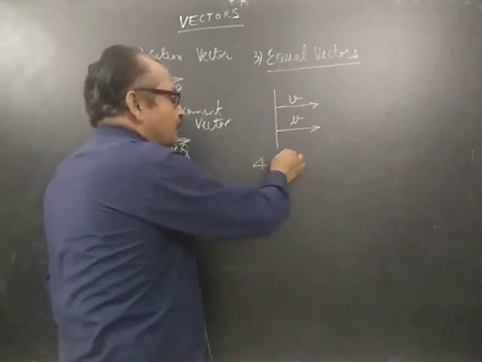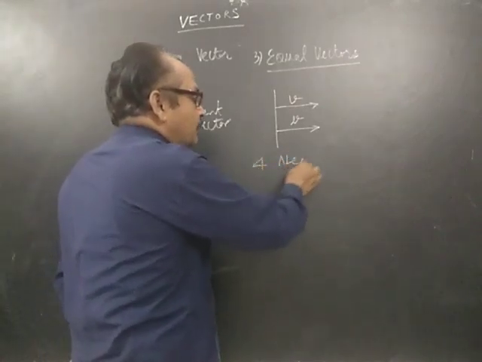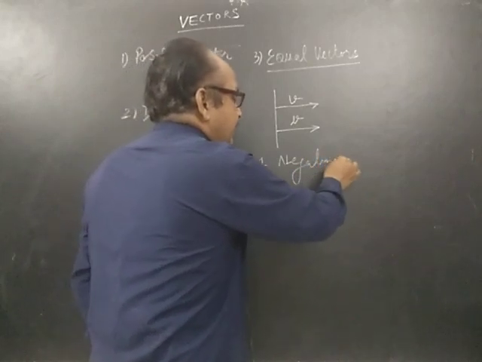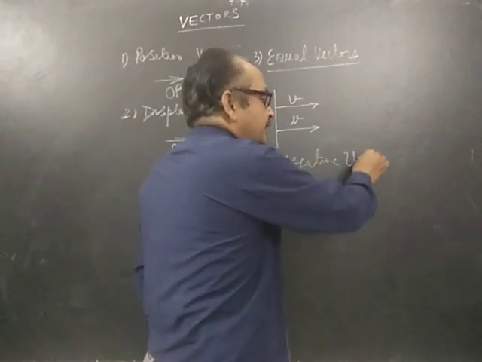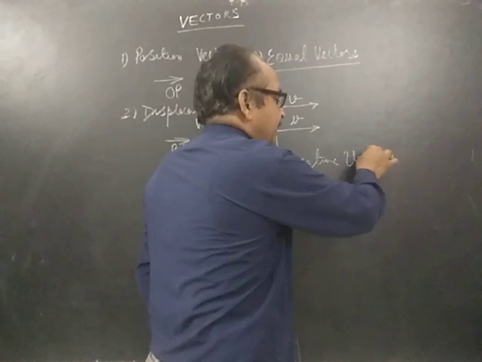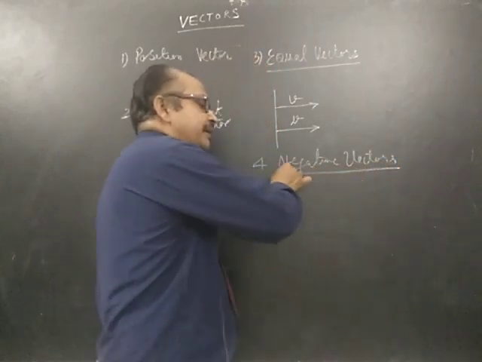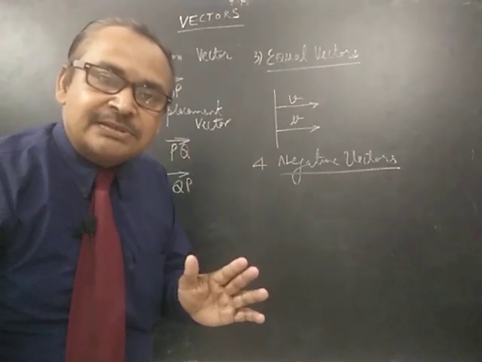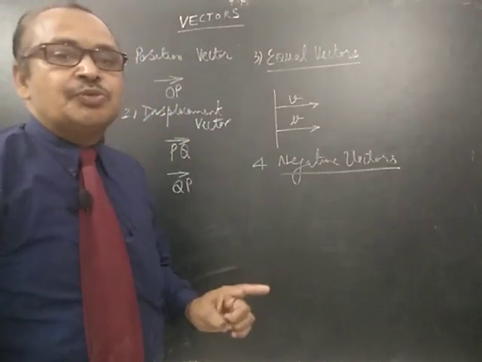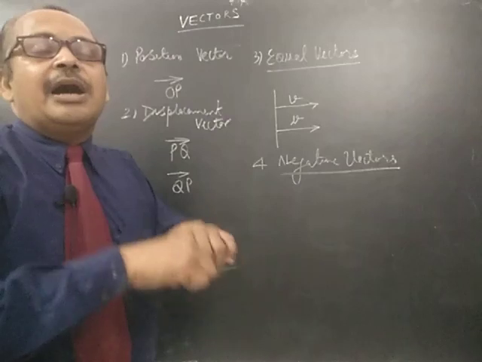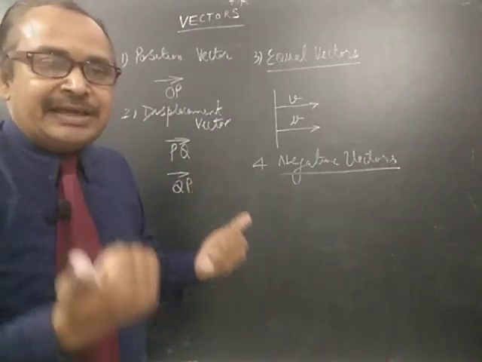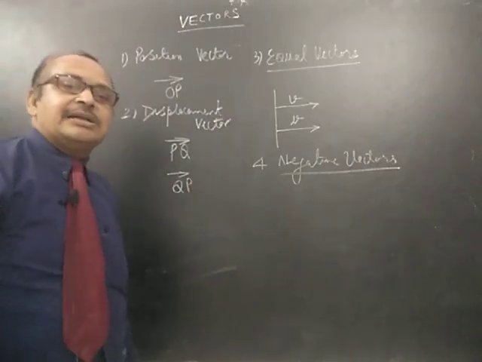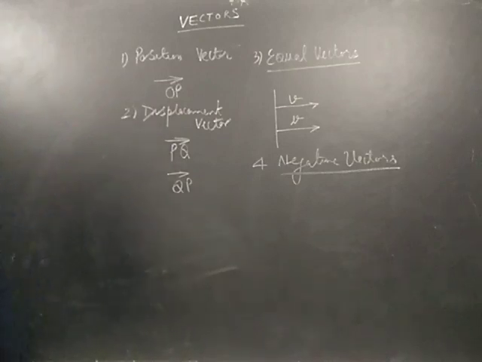Very good. So fourth, I am talking about the negative vectors. Two vectors are said to be negative if they have same magnitude but opposite directions. Is it clear? Very good.